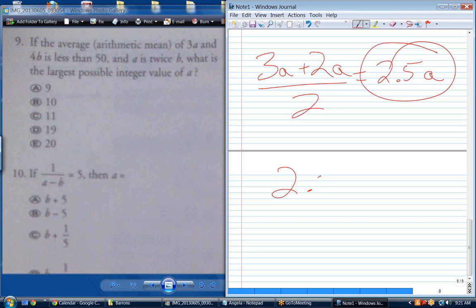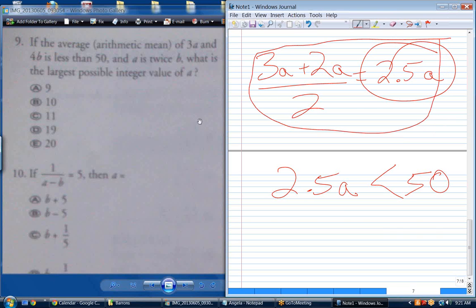So I need 2.5A to be less than 50. And now back solving becomes much easier. 20 does not work, but 19 has to. And in fact, if you do this first, then you definitely do not need to test D. Once you see that E doesn't work, you know D has to be the answer, because we've now narrowed it down to a one variable inequality.